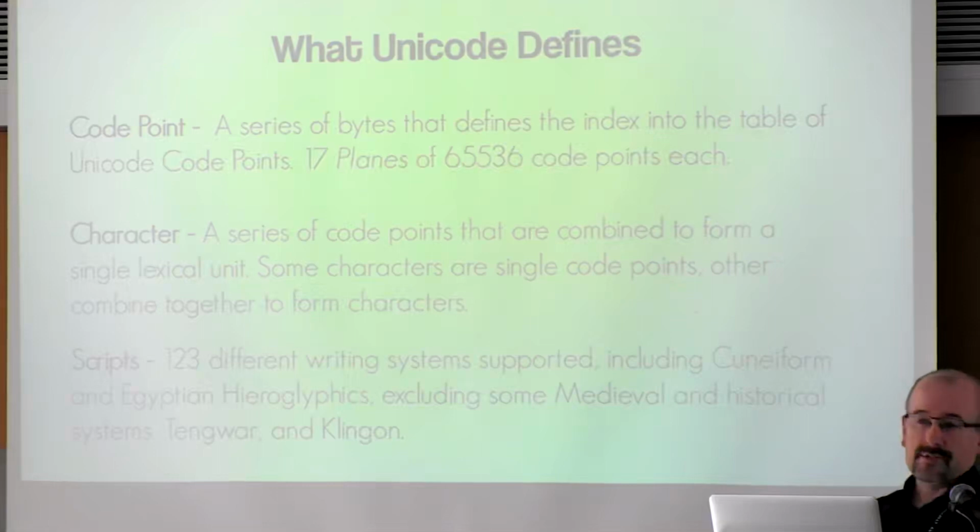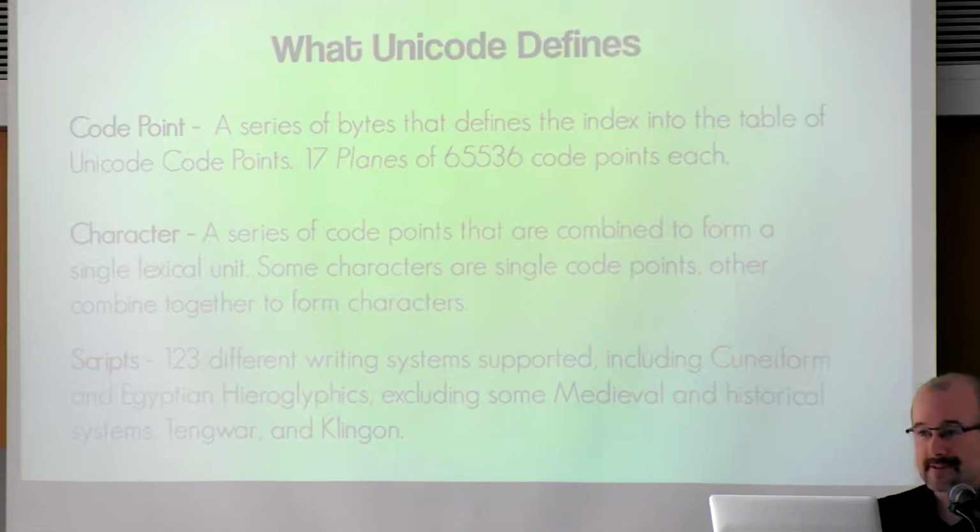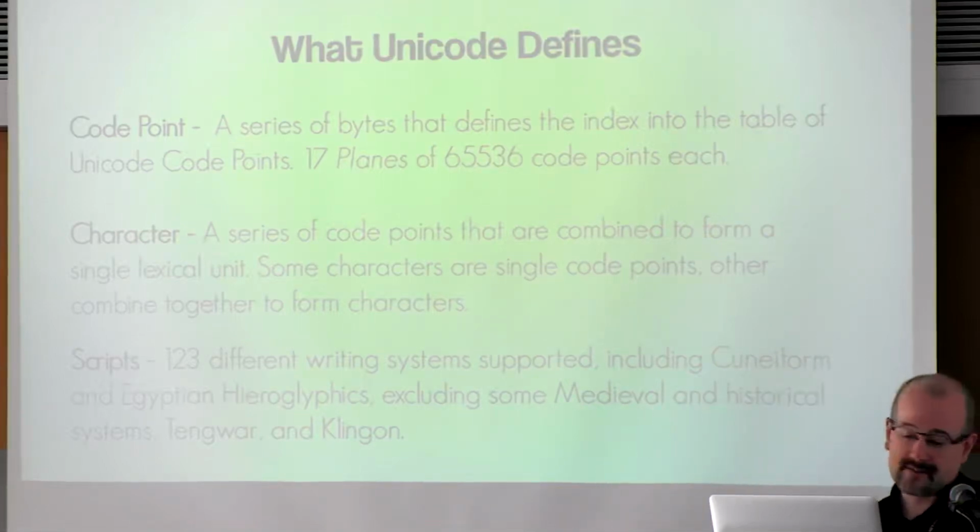So the goal is to represent all the different human scripts that we use, and Unicode actually supports Cuneiform and Egyptian hieroglyphics. All the different characters from all the past languages that we've ever been interested in. Now, some of those languages are excluded in certain cases.